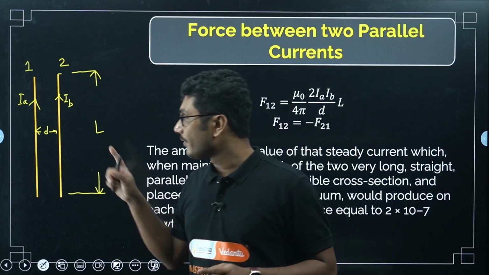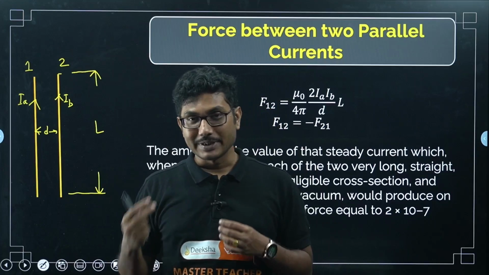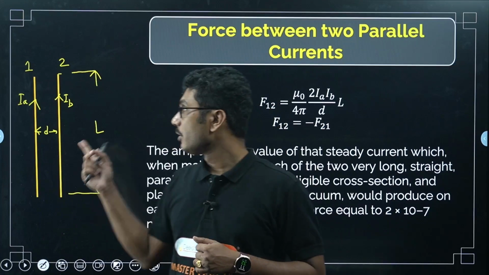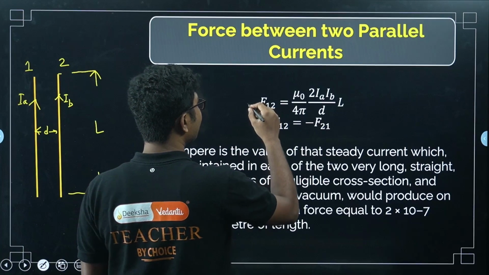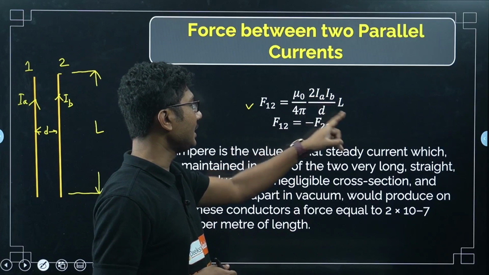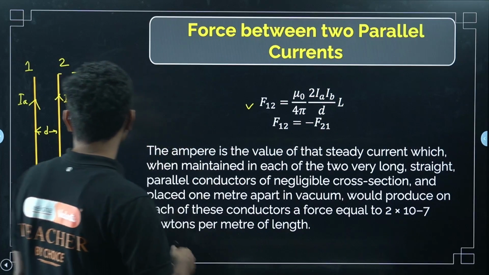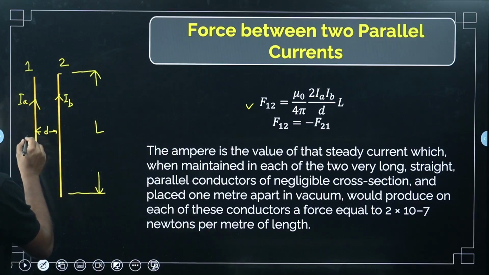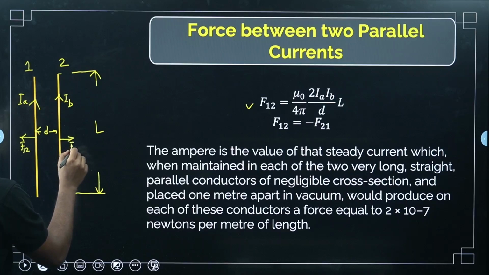Now, what is the value of the force? We know that moving charges passing through a magnetic field experience some force called the Lorentz force. So that force between two wires can be expressed using this formula: mu naught by 4 pi, 2 IA IB by d, times L. Now, if this wire pushes with some force F1 on wire 1 due to 2, then this wire will apply some force F2 on 1.